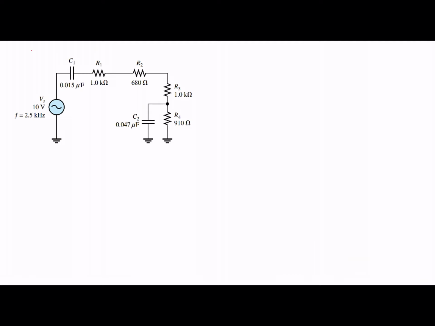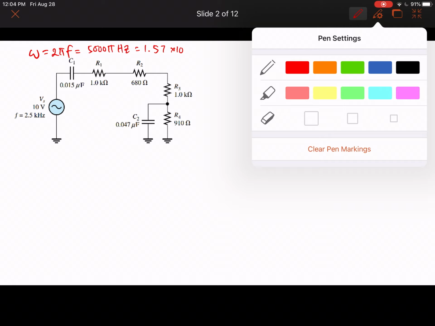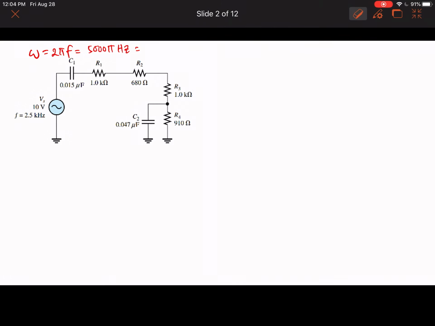So the angular frequency in this case is 2 pi f, and f is 2.5 kilohertz, so that's 5,000 pi, which is about 1.57 times 10 to the 4, which is about 15.7 kilohertz.